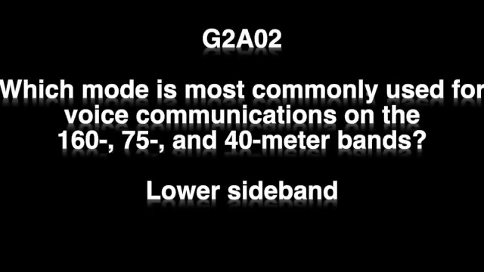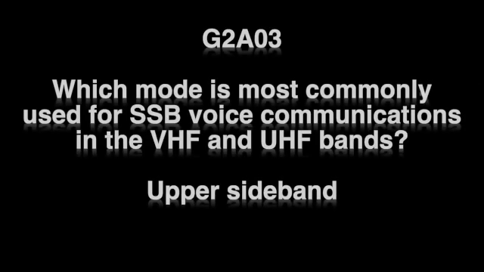Upper sideband. G2A02. Which mode is most commonly used for voice communications on the 160, 75, and 40 meter bands? Lower sideband. G2A03. Which mode is most commonly used for SSB voice communications in the VHF and UHF bands? Upper sideband.